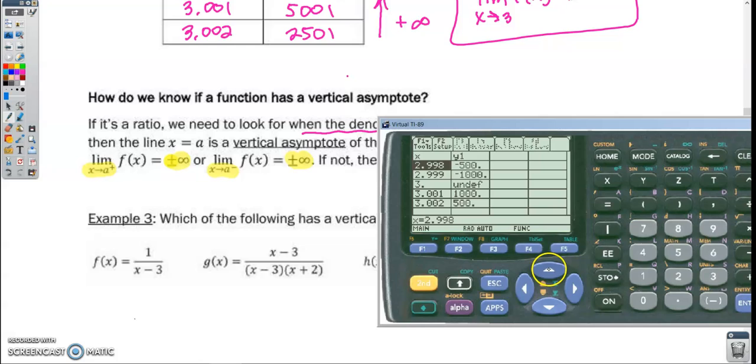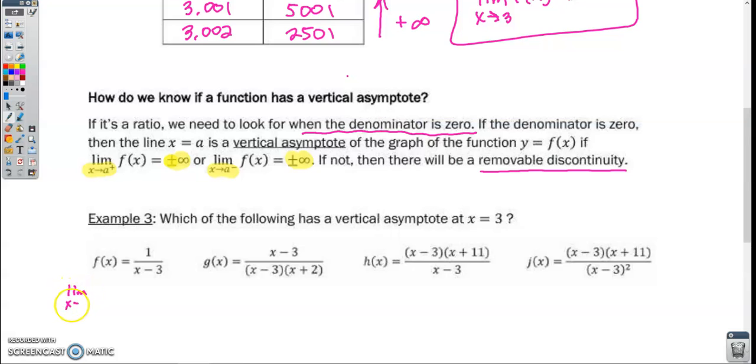Does it look like these values are getting to be larger and larger negative values or positive values as I approach 3 from one side or the other? And you see here the limit as x goes to 3 from the left is negative infinity. Limit as x goes to 3 from the right is positive infinity. And therefore, yes, this function does have a vertical asymptote.